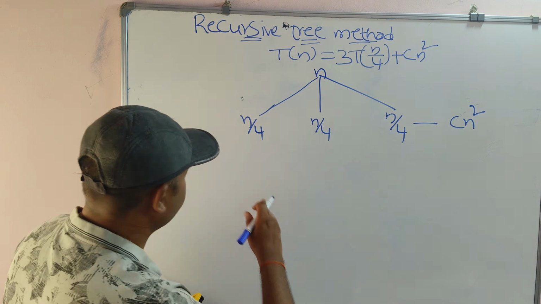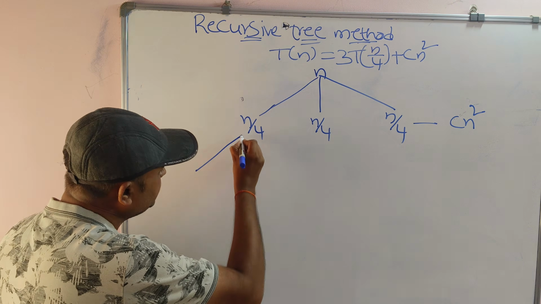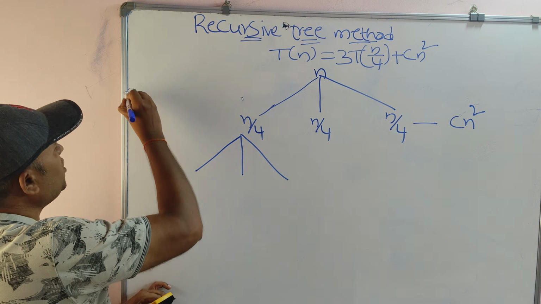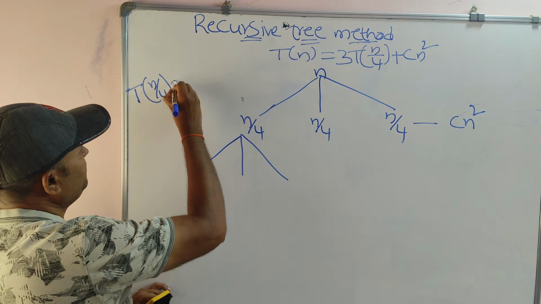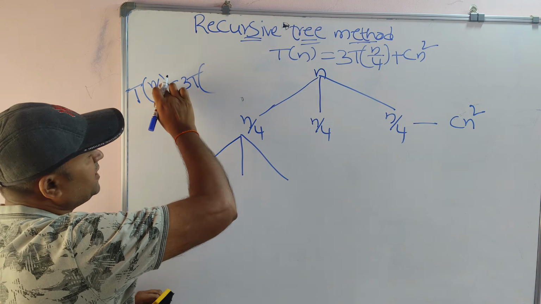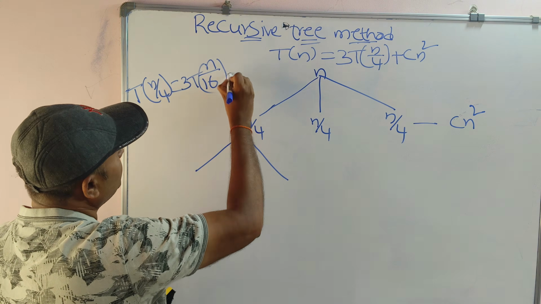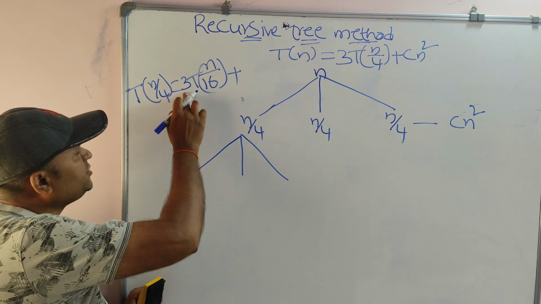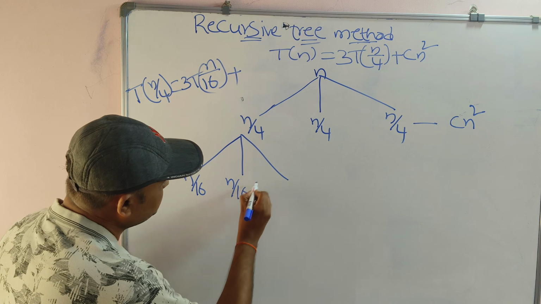Next, again we have to divide these n/4 elements into 3 parts. Here in place of n, we have to substitute n/4. Then we will get 3T of n/4 by 4, that means n/16, plus... So here n/4 elements are divided into 3 parts where each part will contain n/16 elements.